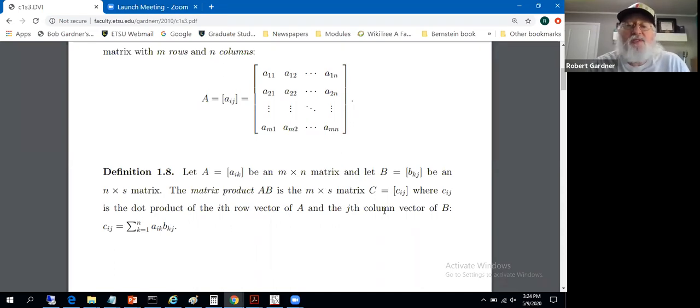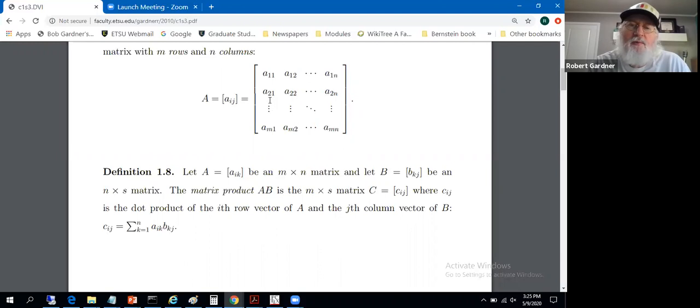Matrix C equals AB is how we'll deal with this, and we'll introduce additional characters probably when we do computations with these and when we prove theorems about them. This is potentially quite messy stuff, so we'll try to be a little careful with notation. Now, they say we're going to take the ith row vector of A.